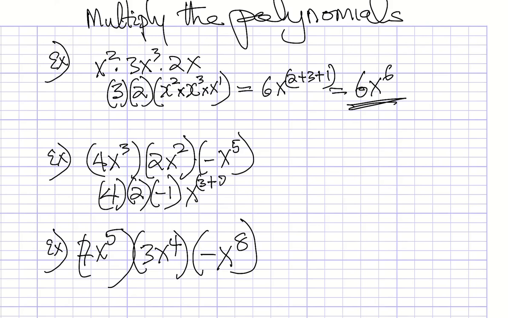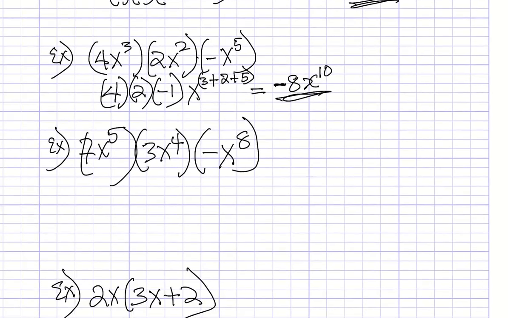You see that, right? So you simplify that. That would be negative 2 times 4 is 8, times 1 is negative 8. And then x, you add all that up. What do you get? You get 10. See that? So that's okay.